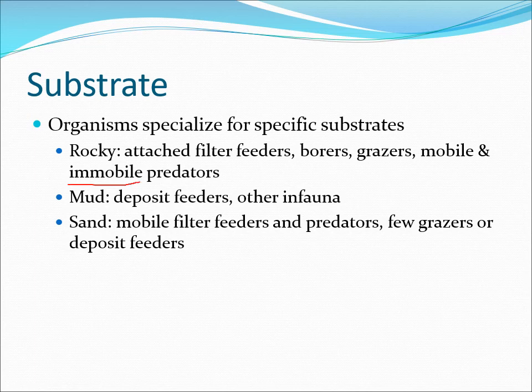Second one is the muddy substrate. Here the organisms are not attached through any organ to that substrate, but because of the cohesiveness of the mud, the mobility of the organisms becomes very restricted.